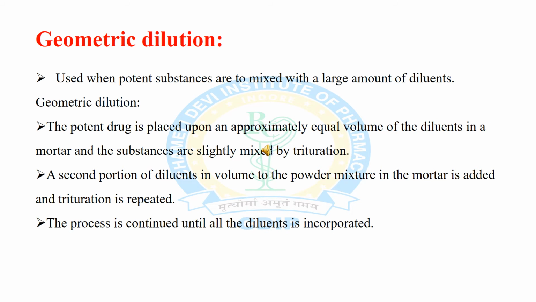Then a second portion of diluent, equal in volume to the powder mixture in the mortar, is added and trituration is repeated. The process is continued, adding diluent equal in volume to the mixture in the mortar at each step until all the diluent is incorporated.